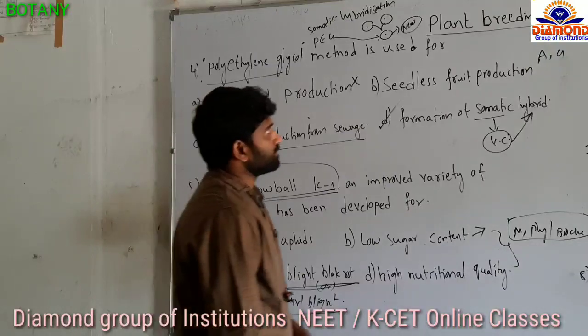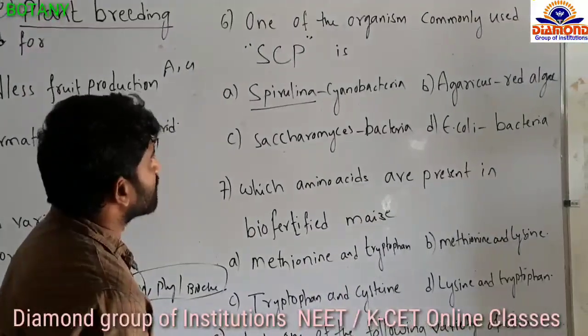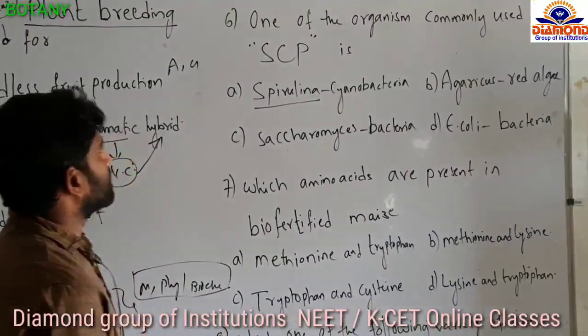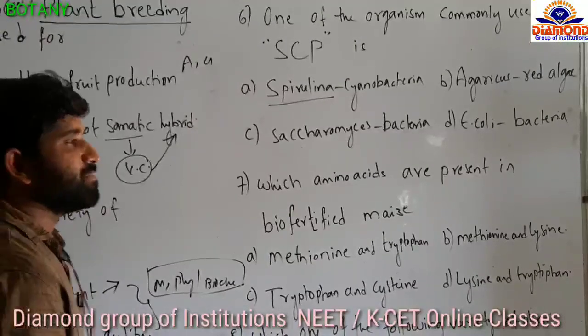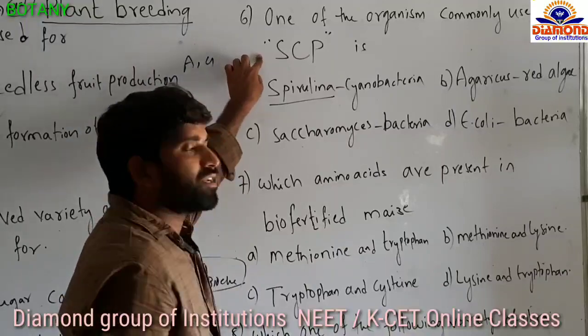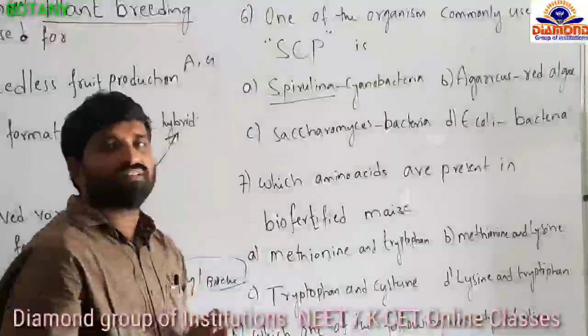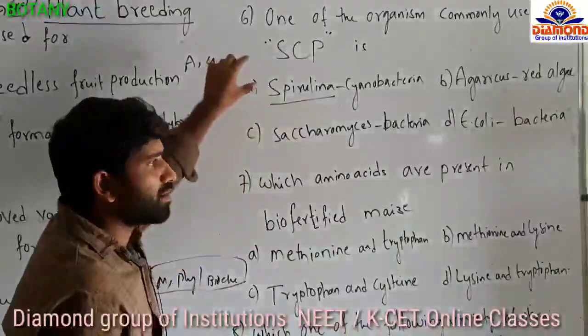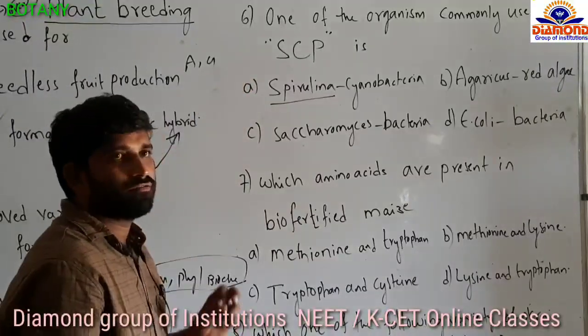And the next question: which organism is commonly used as SCP? SCP is single cell protein, an alternative source of nutrients for human beings and animals. Some organisms can be used as food materials.